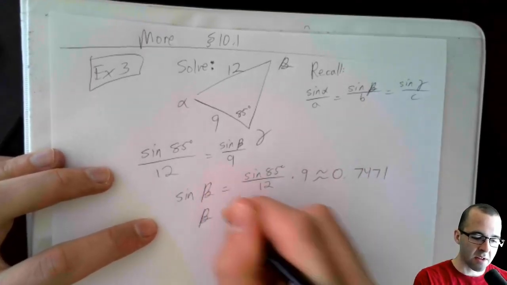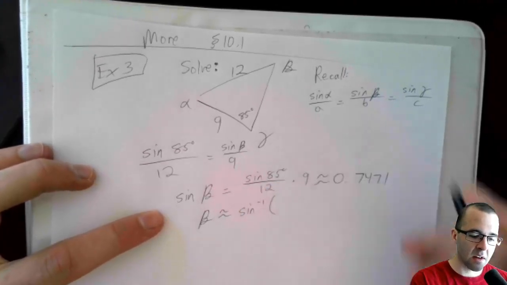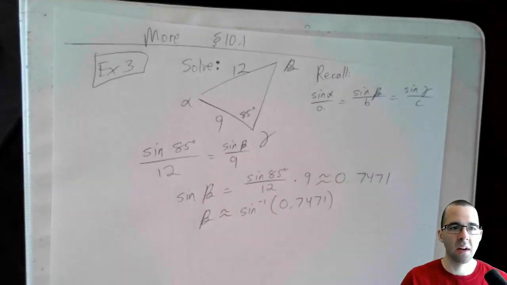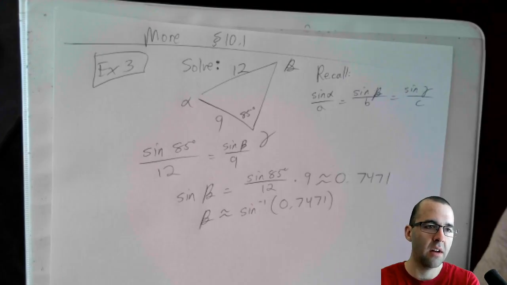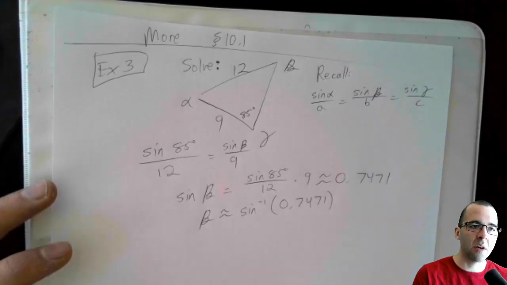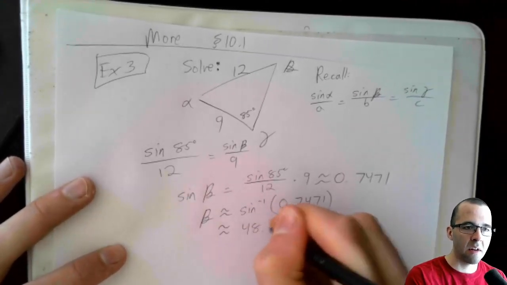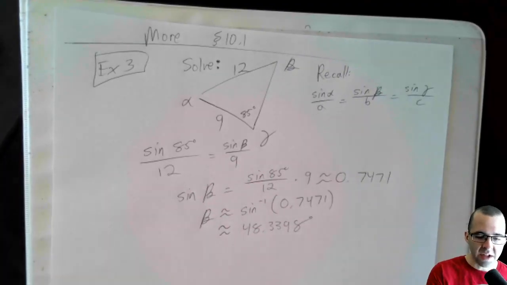Okay, so let's use inverse sine of 0.7471. What we're going to get right there is 48.3 degrees about. So this answer makes sense.